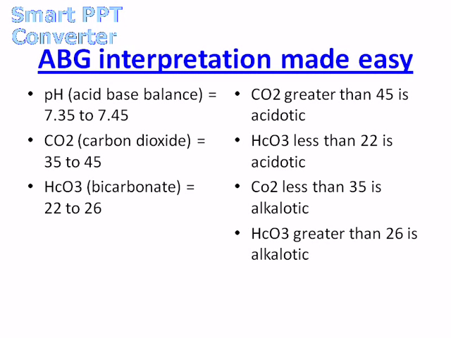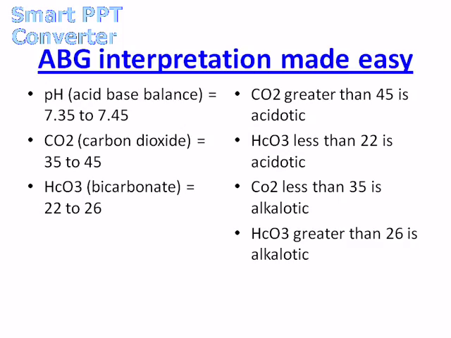Okay, so let's do some ABG interpretation. You're intelligent students and you want to know more about ABGs, so with that in mind, I'm going to do this interpretation made easy. For simplicity reasons, I'm only going to talk about three basic ABG values.